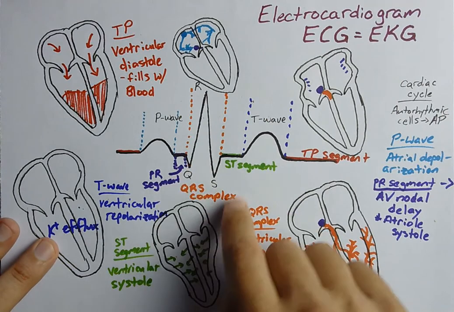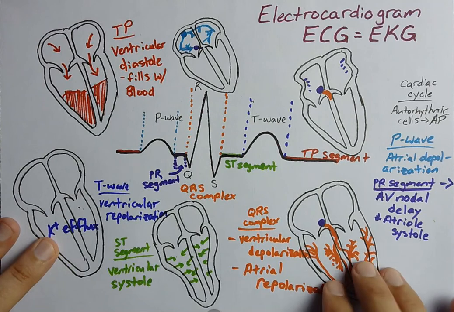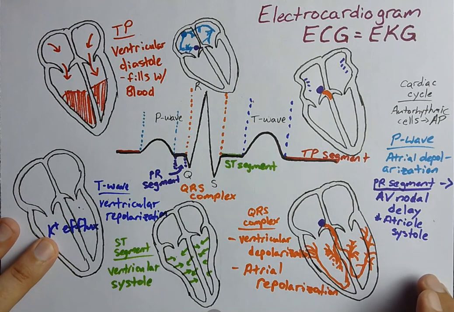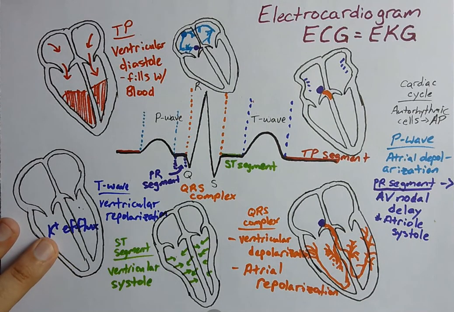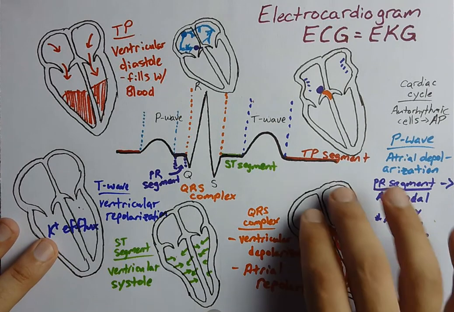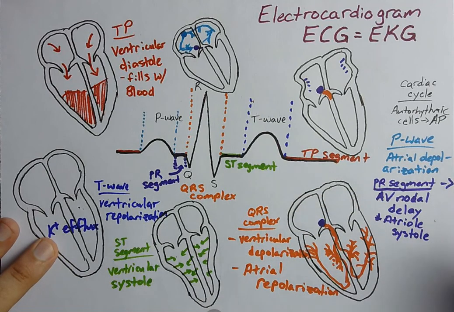The QRS complex, this big, huge rush of current, is because there's so much current going through the ventricles at this time. The ventricles are depolarizing. The interventricular septum, the papillary muscles, and all of the ventricular myocardial cells. At the same time, the atria is also repolarizing up here, which is current. There is current moving.